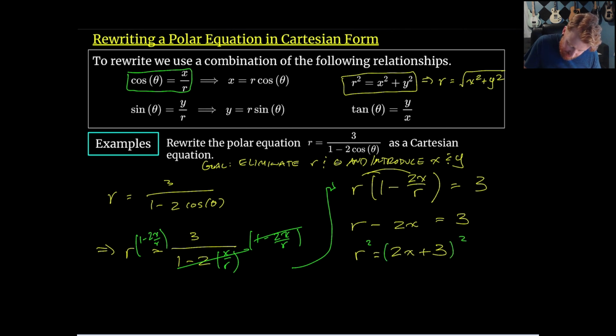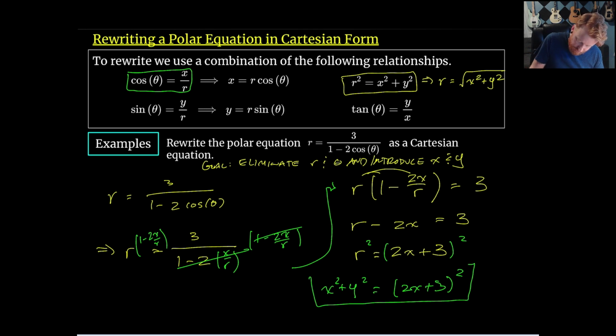Then I will get exactly r squared, so this will be x squared plus y squared is equal to 2x plus 3 all being squared. There's a nice way, and you could have used the other version, but I thought this might be a little bit nicer. That way there's no square roots in there. So we have written this polar equation as a Cartesian equation in terms of x's and y's.